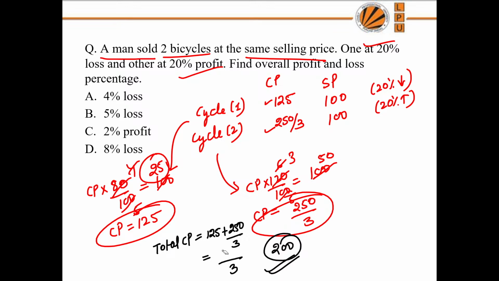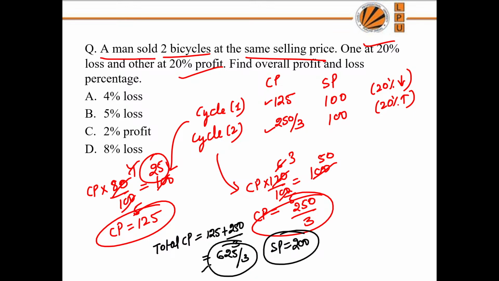Yes. Total CP would be 375 plus 250 by 3, which is 1375 by 3... it is 625 by 3. Done. And total SP is 200. So it seems that it is greater than 200. So obviously there is a loss, isn't it? CP is greater than SP. So obviously there is a loss.